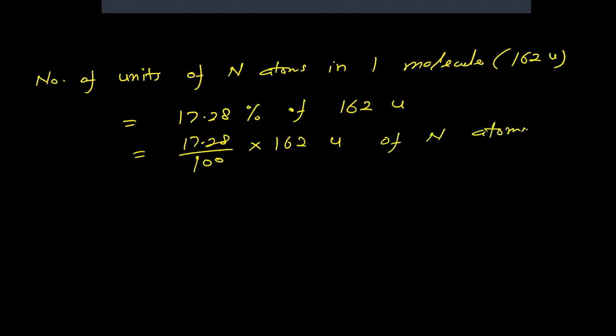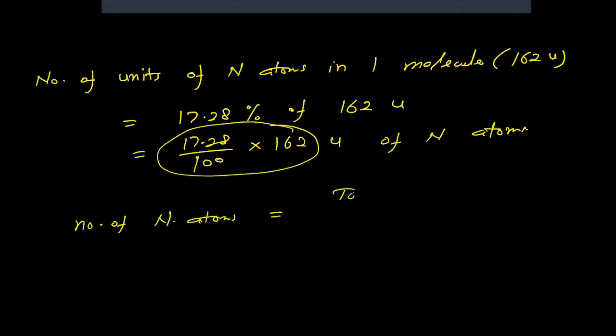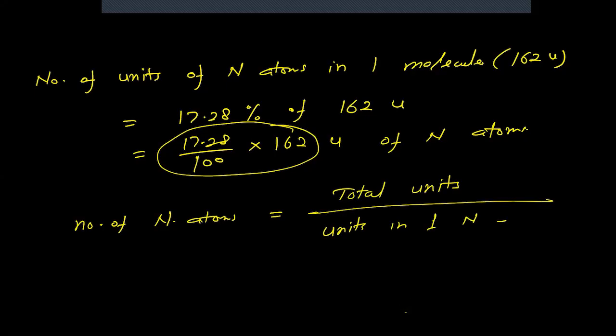in one molecule. So when you know the units of nitrogen, the total units, the number of nitrogen atoms will be equal to total units divided by units in one nitrogen atom.